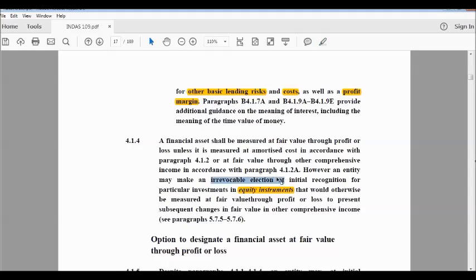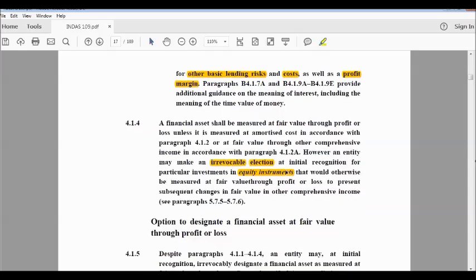So basically he is saying, if your equity instrument would fall into fair value through profit or loss, because obviously the cash flow would not be solely payment of interest and principal, but you make the irrevocable election at the initial recognition for particular investment in equity instrument to present the subsequent change in fair value in other comprehensive income, then you can do it.